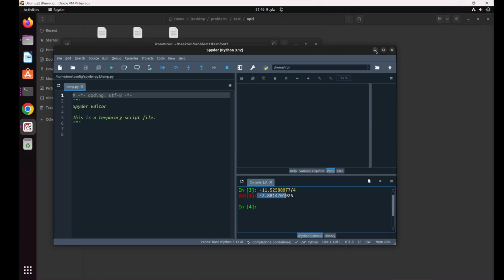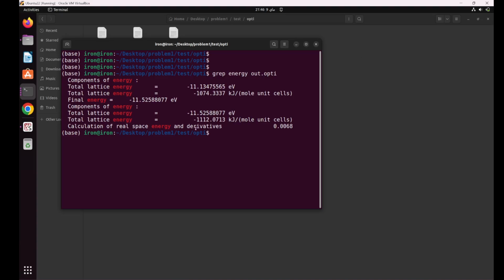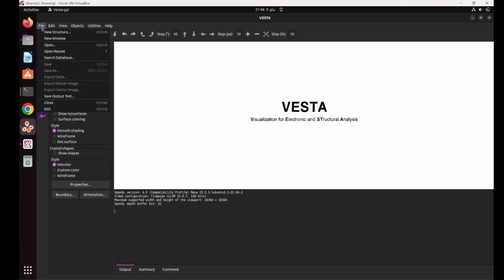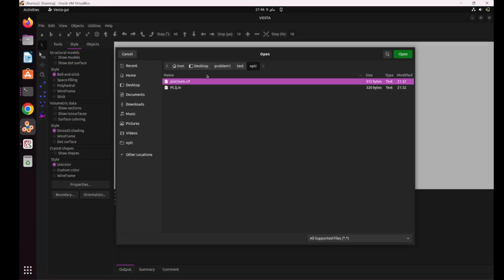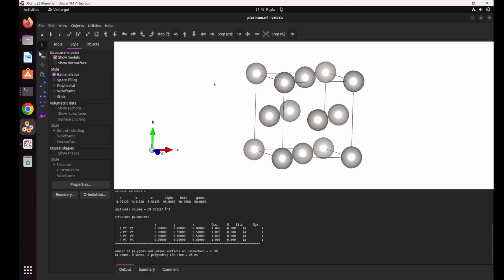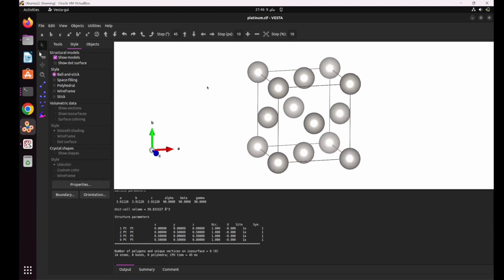Let's go to the terminal. Thank you, Spider, for this help. Let's call VESTA. If I open it, that's the optimized FCC platinum.